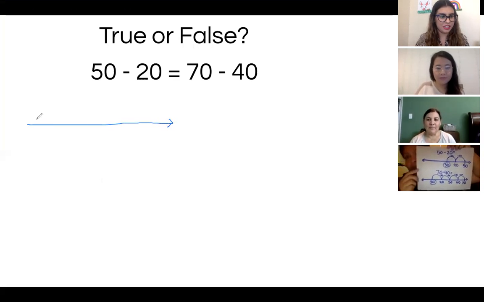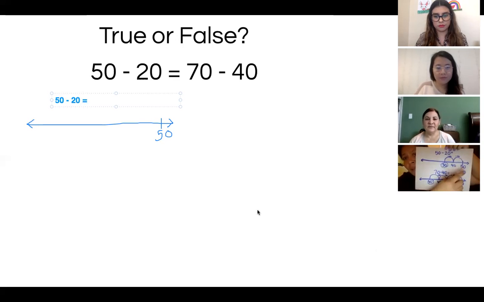So you'll notice that I have two number lines, and I did that on purpose because I wanted to solve the first part, which is 50 minus 20, and then compare it to the second part, which is 70 minus 40. Okay. So looking at this top one, just the top alone, 50 take away 20, or 50 minus 20, I drew the number line.